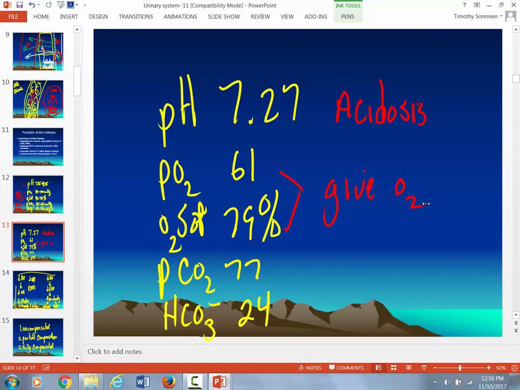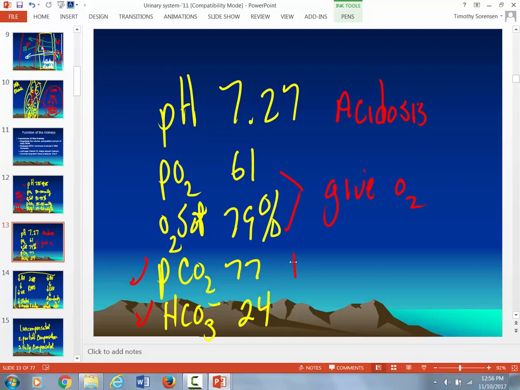Now what you want to do is look at which system is causing this pH imbalance. So you look at the PCO2 and you look at the bicarbonate. Is the PCO2 high, low, or normal?